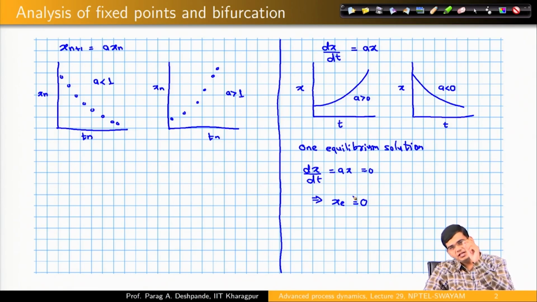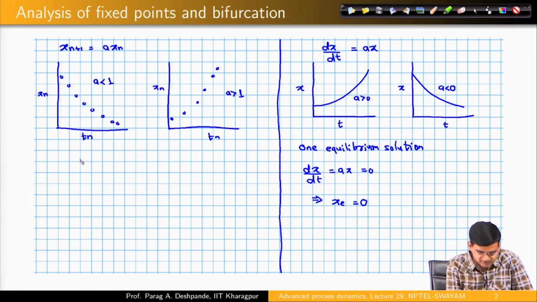So, once you attain the equilibrium solution, if you keep on evolving your system in time, you will keep on getting the same value of the variable. This was the meaning of equilibrium solution. Now, your dynamical equation for the discrete system is x n plus 1 is equal to a times x n.